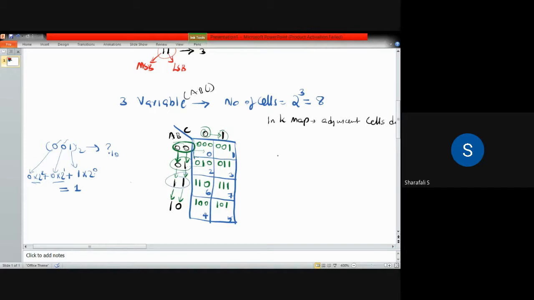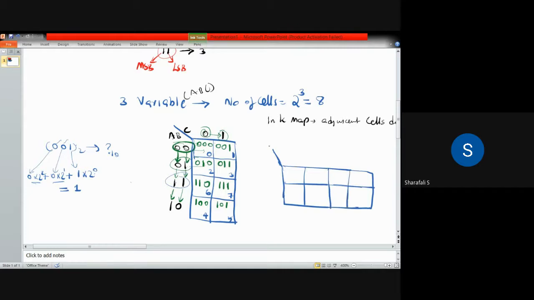Similarly, this K-map we can also draw like this. This is also allowed. There is nothing wrong with this. We can draw it like this also. No problem. So we need 8 cells.